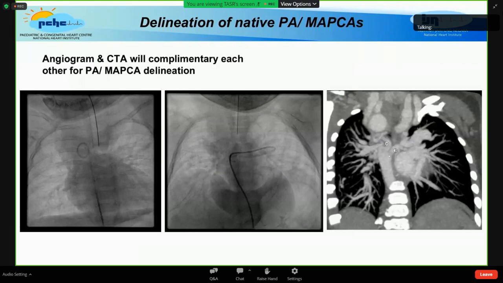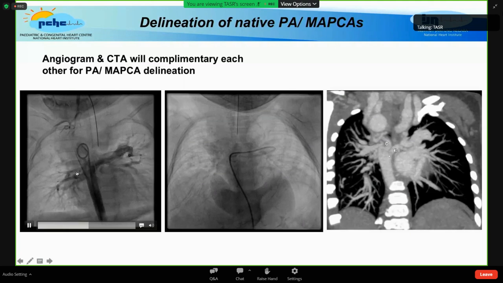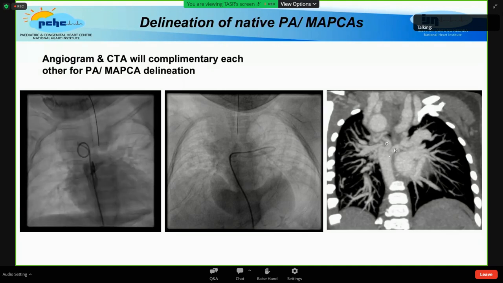So in our institution, for those with pulmonary artery and MAPCAs, we usually do both angiogram and CT scan. They are complementary to each other, especially in preparing the patient for unifocalization and either a shunt or a limiting conduit. For example, this patient is at the neonatal age.